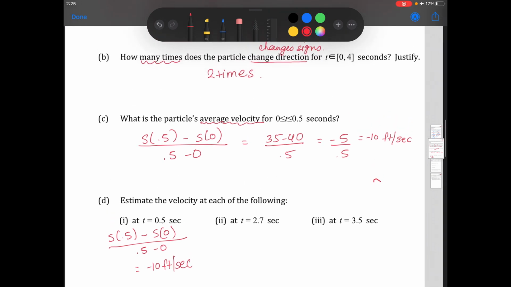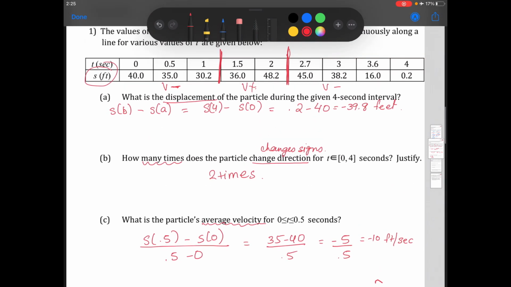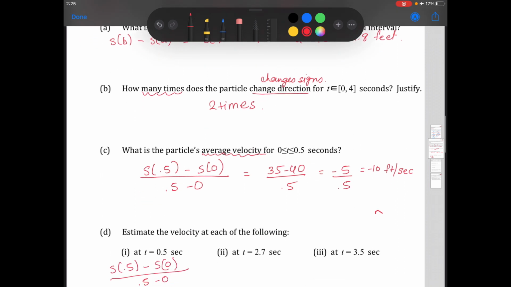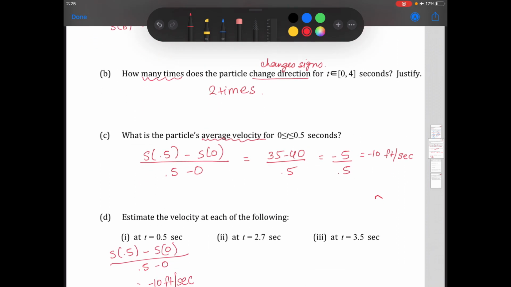Okay, so now part 2, 2.7. Again, if you look at 2.7, there are 2 ways you can do it. You can either do from 2 to 2.7, or 2.7 to 3, or you can even do from 2 to 3. I don't want to deal with decimals, so I'm going to do S of 3 minus S of 2 over 2.7.